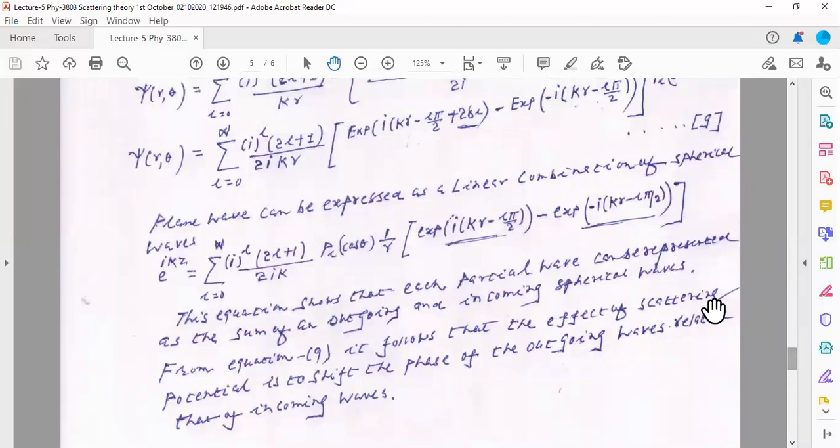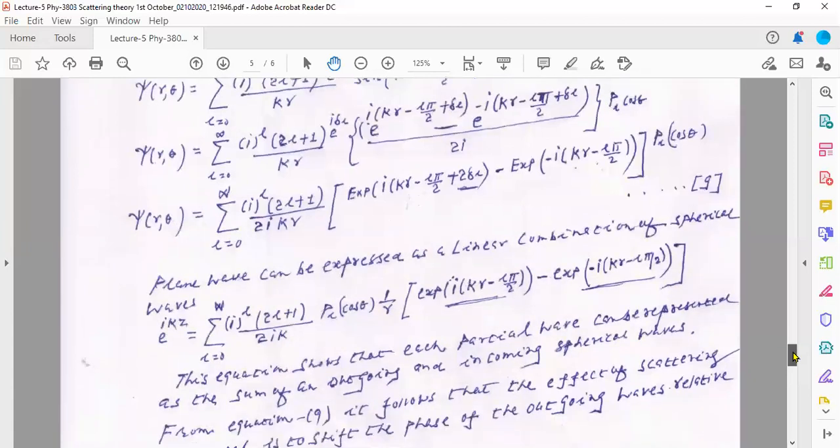So you see here, this is the expression for the plane wave. You compare with equation number 9. Look at this expression number 9.